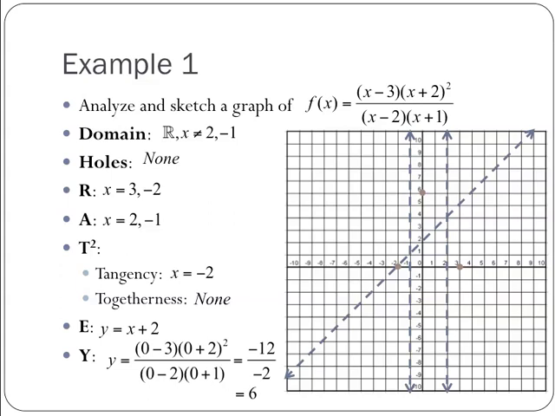Now, because you know there's no tangency at the vertical asymptotes, you also know that if on one side of the vertical asymptote the graph is going down towards -infinity, then on the other side of the vertical asymptote, it will be going the opposite direction towards +infinity. So here's the graph. Here's this portion here on the left. It goes to -2, it touches, and then it bounces right off.